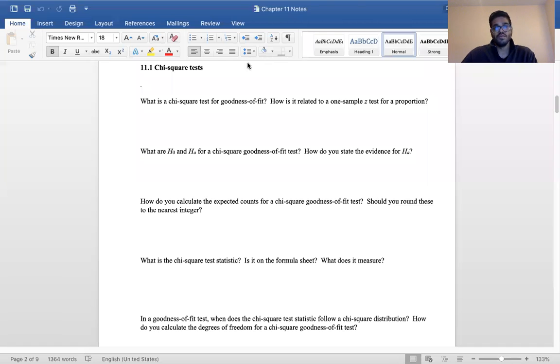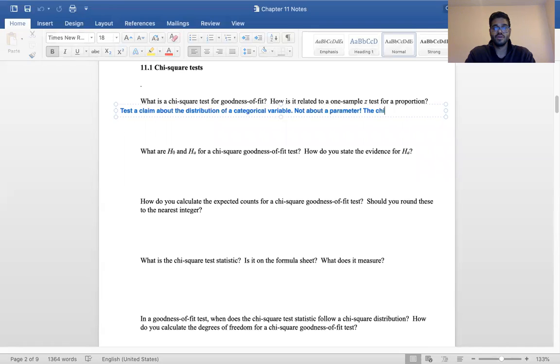So what is the chi-square goodness of fit test, and how is it related to the one sample z test for proportions? We test a claim about the distribution of a categorical variable, not about a parameter.